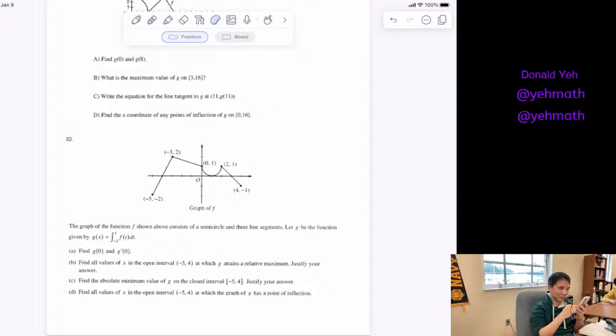Okay, I'll stay in there. Not good. Washington versus Michigan.